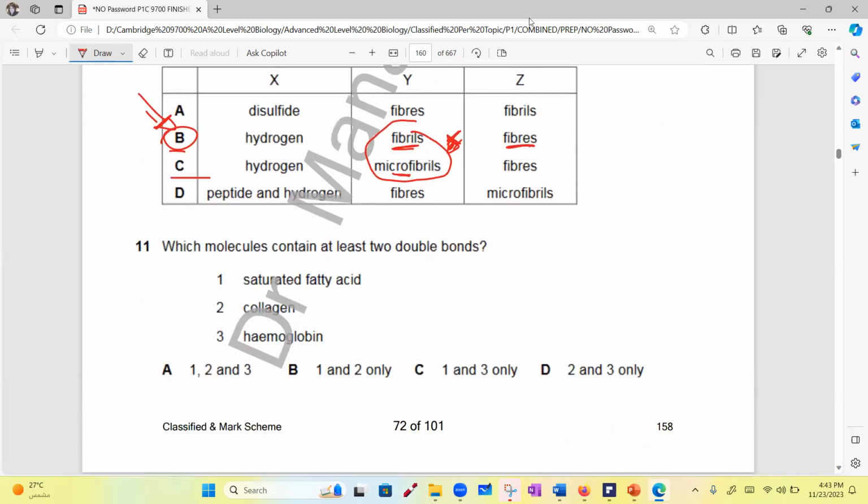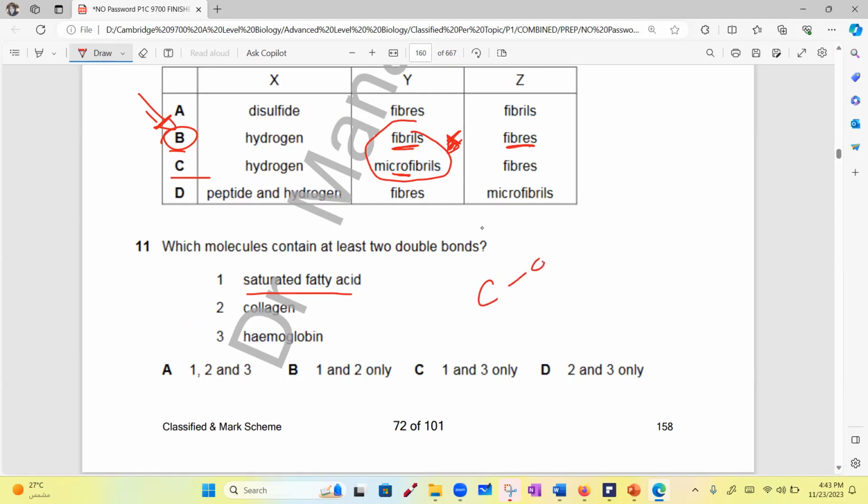Which molecules contain at least 2 double bonds? D, saturated fatty acid? My dear, saturated fatty acid has no double bonds.